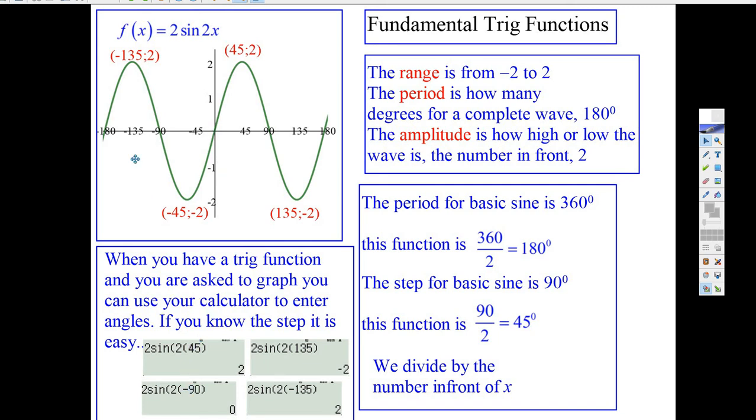If you put in minus 90, you'll get that point right there, minus 90 and 0. If you put in 135, your calculator will tell you it's minus 2. It's better if you understand the graph and can just graph it, but you can check on your calculator. Type the function in, put in the x values. If you've got the right step, you'll get all the right answers. It's really not so hard.